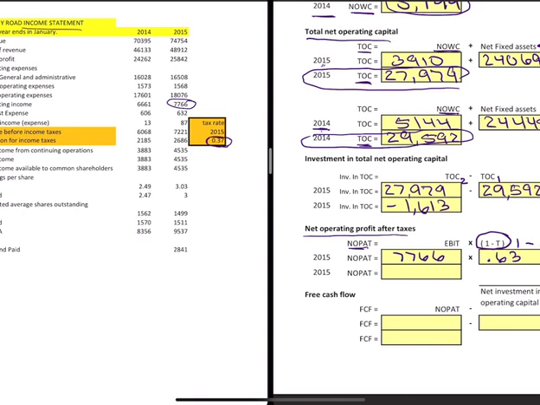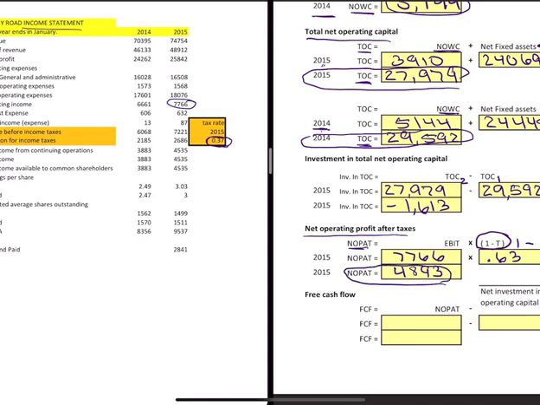So we take that value, the 7,766, multiply it by the 0.63, and we get 4,893. So this is our NOPAT for 2015.